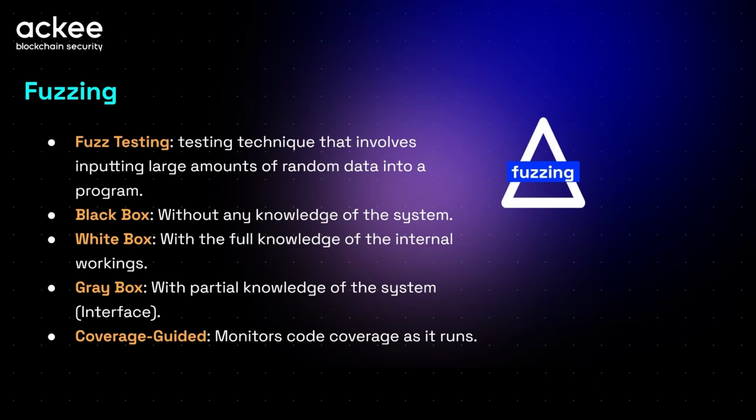So the fuzzer knows this and can generate the public key accordingly. There is also a term that is coverage guided. In this case, the underlying fuzzing engine can actually monitor the code coverage as it runs. A simplified version of this sentence is that the fuzzer checks how much code it successfully visited in your Solana program. So let's say it generated some random inputs and the execution failed at the start of the Solana program because it was not possible to pass some instruction checks that you specified.